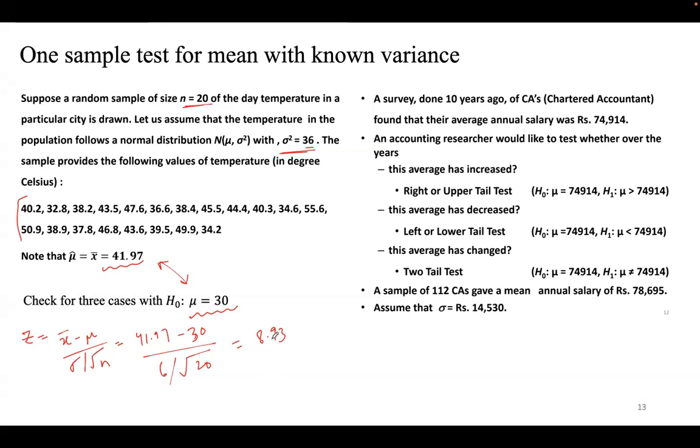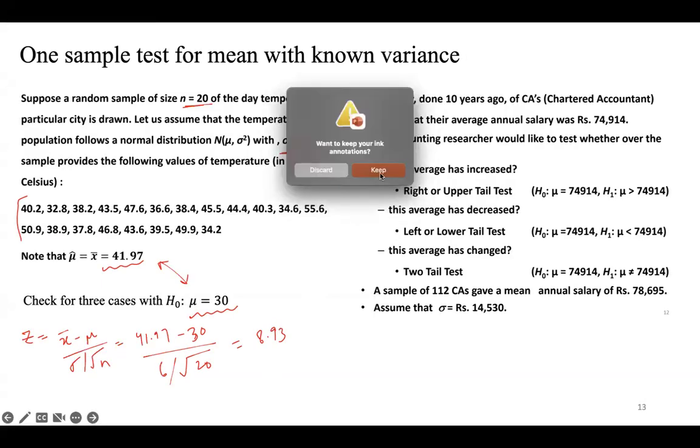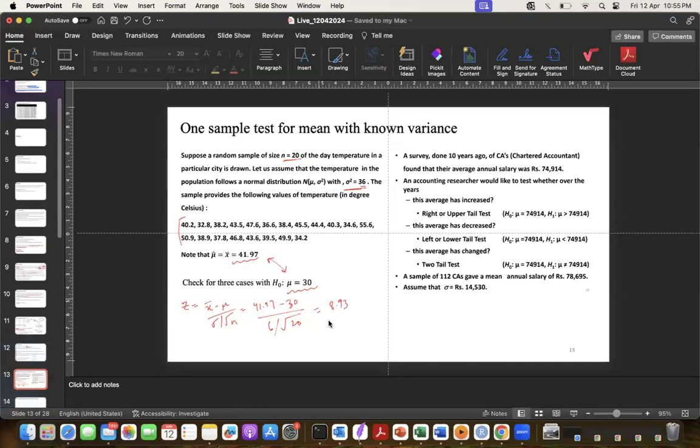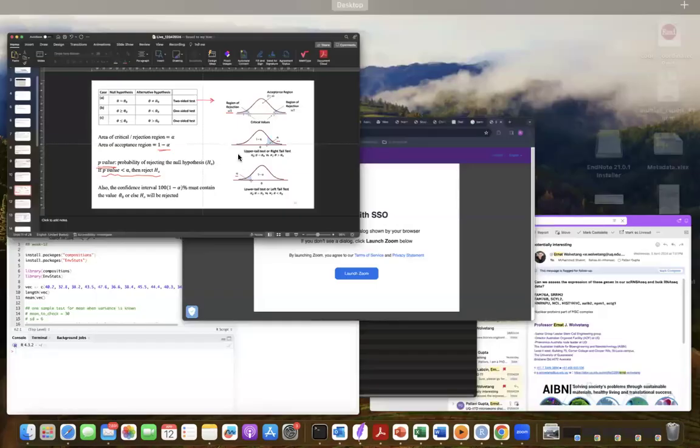Now this 8.93 is the test statistic. We just saw a couple of slides back that we are interested in whether this statistic value lies in the shaded region or not.